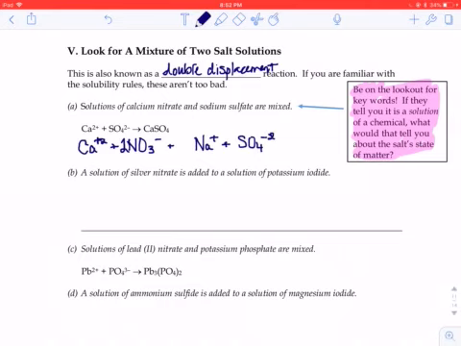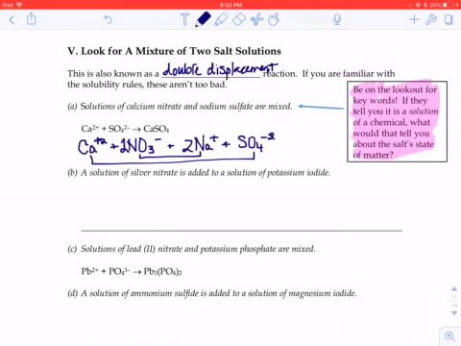When you combine +1, -2, you're going to need 2 sodium ions to balance out the charges there. Well, your calcium goes with sulfate and the sodium goes with nitrate. Sodium nitrate is soluble.